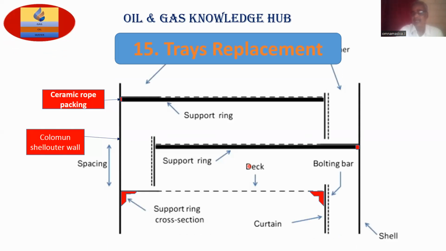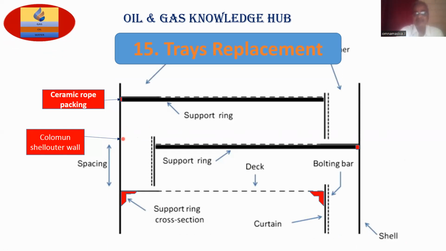This is a column shell, column shell outer wall, inner wall. This is the diameter, ID, internal diameter.